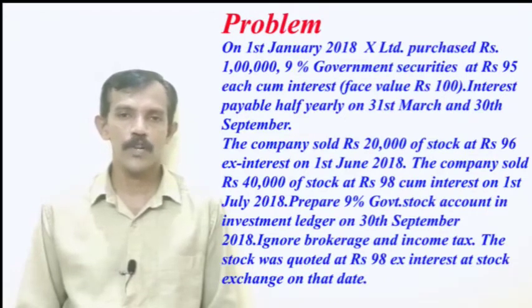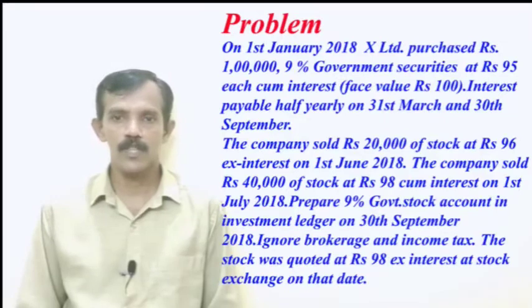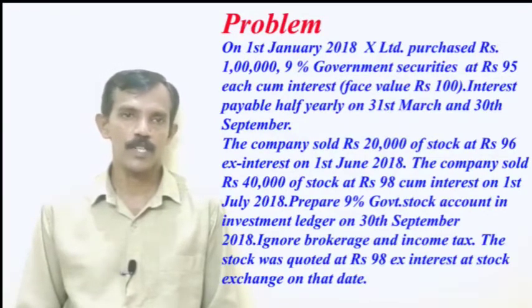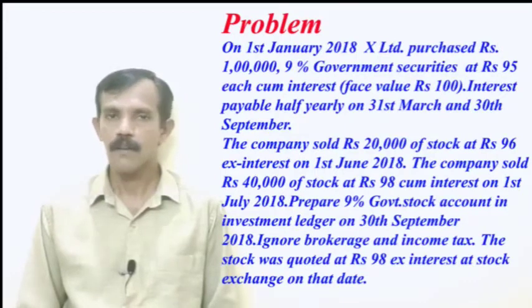The company sold rupees 40,000 of stock at rupees 98 cum interest on 1st July 2018. Prepare 9% government stock account in investment ledger on 30th September 2018. Ignore brokerage and income tax. The stock was quoted at rupees 98 ex interest at stock exchange on that date. This is our question.